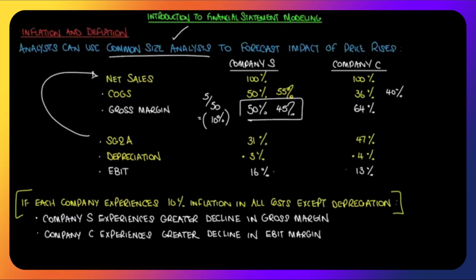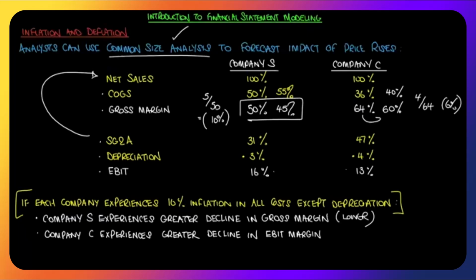That means our gross margin is now only 60. That is a drop from 64 to 60 of 4. That's only a drop of about 6%. So indeed, because it had a lower margin to start with, company S will experience a greater decline.